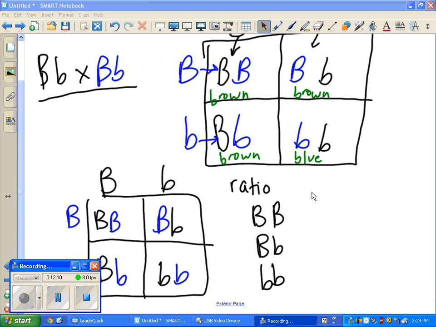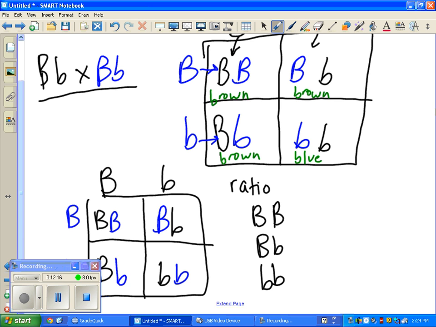All right. So we count up how many we have of each. So we have only one that is this genotype, homozygous dominant. We have two that are heterozygous, 1, 2. And then we have one that is homozygous recessive. So then, ratios are reported with little colons in between, like that.